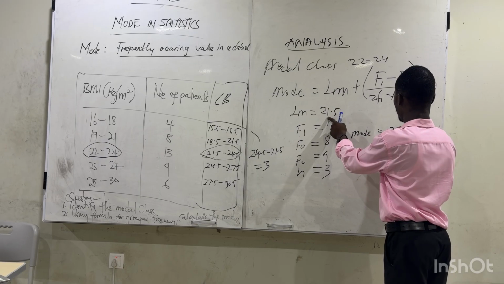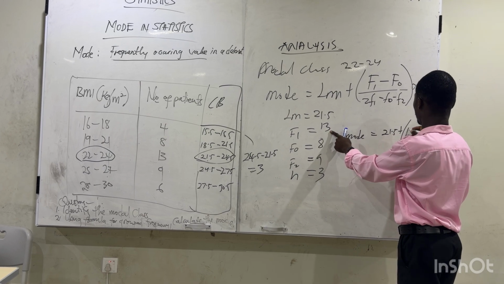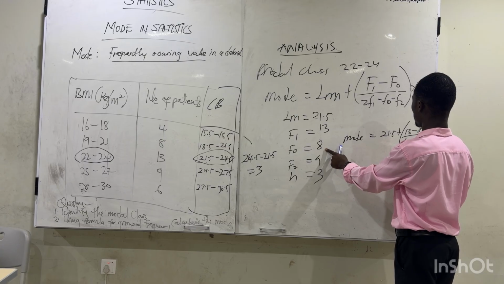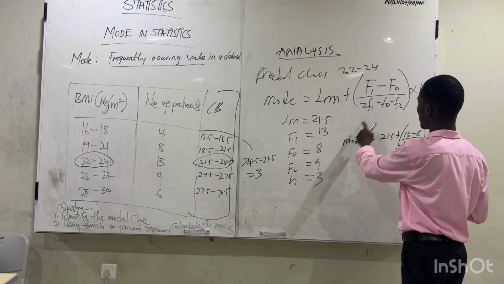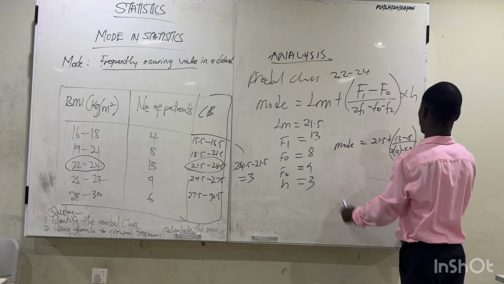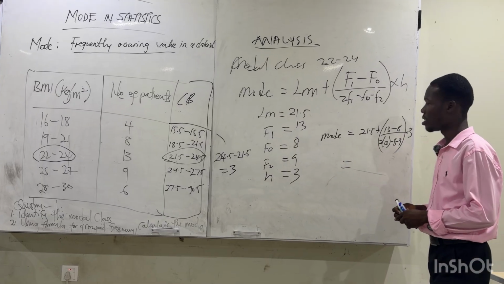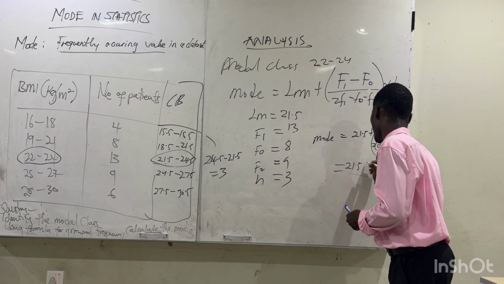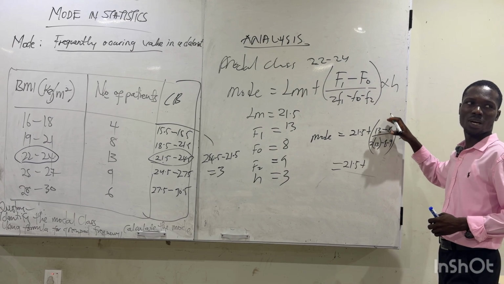Mode is 21.5 plus, we have 13 minus 8, 2 times F1, which is 13, minus F0, which is 8, minus F2, which is 9, times 3. BODMAS has to be applied over here, so we repeat this one, then add everything in the bracket.